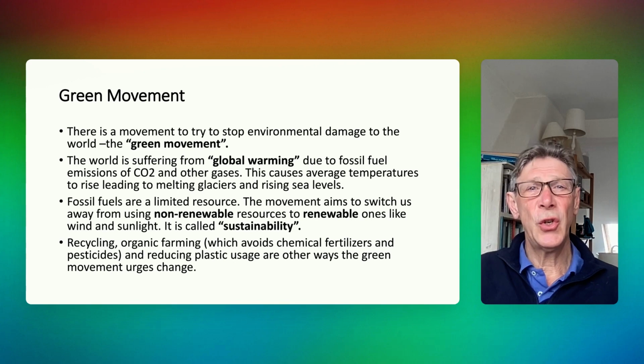In order to try to stop the environmental damage that we're doing to the world, there is what's called the green movement. The world is suffering from global warming due to fossil fuel emissions. When we burn fossil fuel, we create carbon dioxide and other dangerous gases. And these gases will float to the top of the atmosphere.